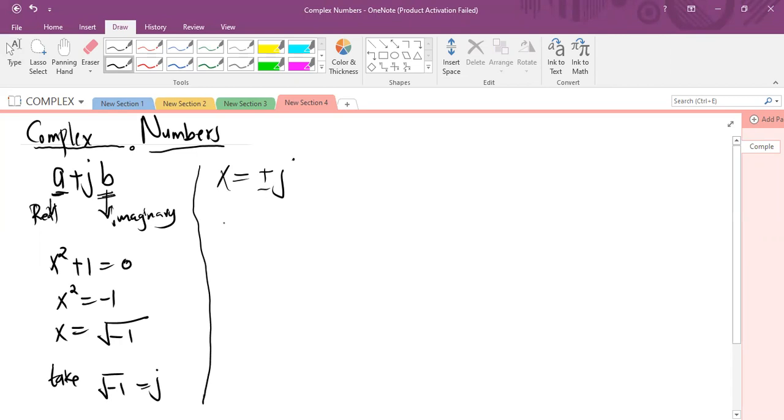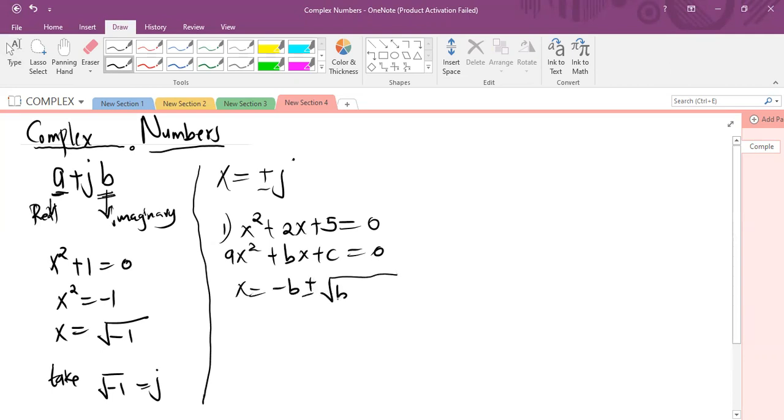So for example, let's say you're given a quadratic equation, x squared plus 2x plus 5 is equal to 0, and you're being told to evaluate this. So using the quadratic formula, this is ax squared plus bx plus c is equal to 0. To get x, we use minus b plus or minus the square root of b squared minus 4ac, all this divided by 2a.